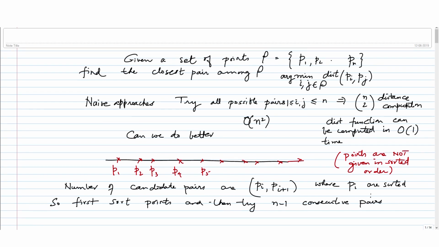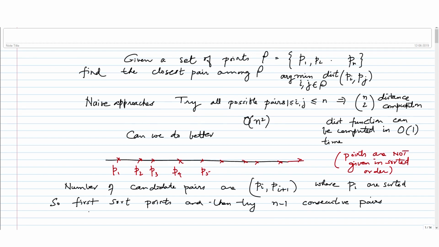And then what will be the running time of this algorithm? n log n, because sorting takes, let's say, n log n time. Sometimes you can even do faster sorting if the points are integral points and things like that. For integral points in a bounded range, you can use radix sort and so on. So basically the whole thing is dominated by the sorting, because in the next part there are only order n distances to be computed, right?